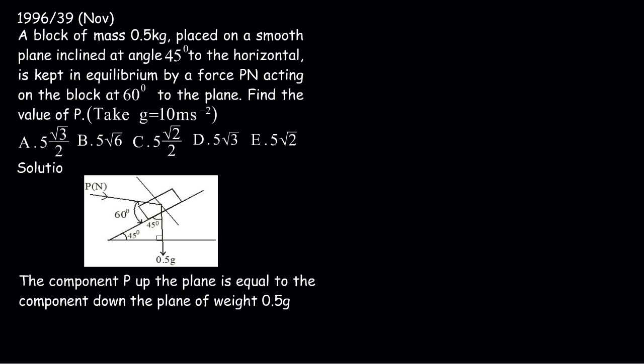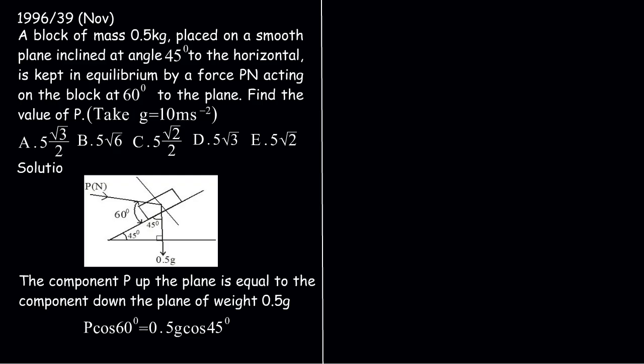So therefore, P cos 60 will be equal to 0.5 g cos 45. And making P the subject of the formula, P will be equal to 0.5 times 10 times 1/2 divided by 1/2. Simplifying further, this will make P equal to 10 times 1/2, which is equal to 5/2, and our correct option is E.